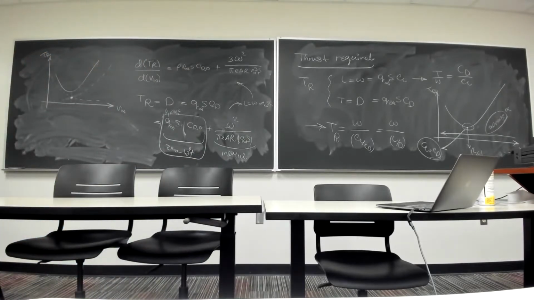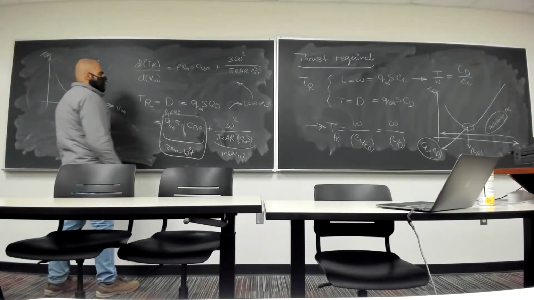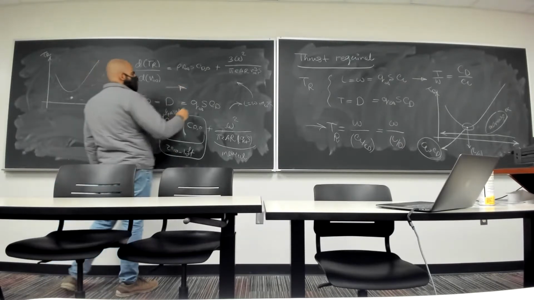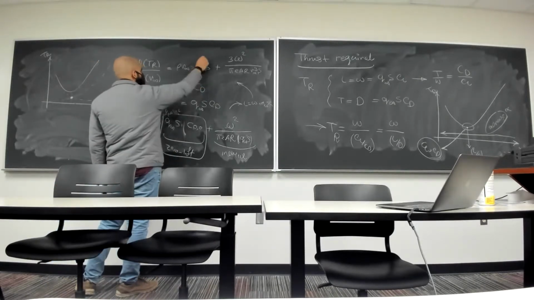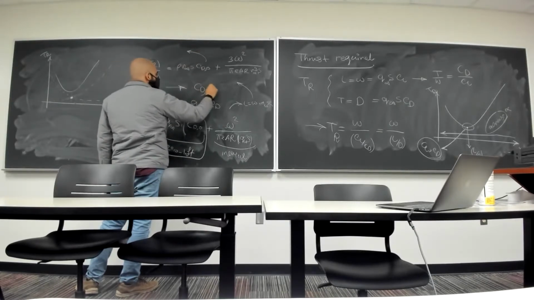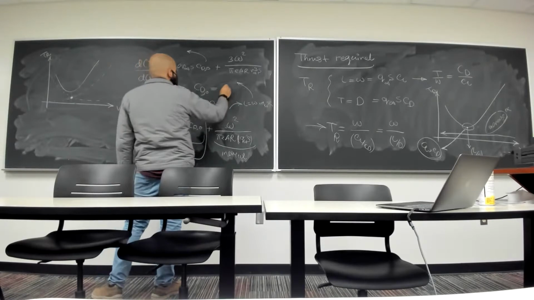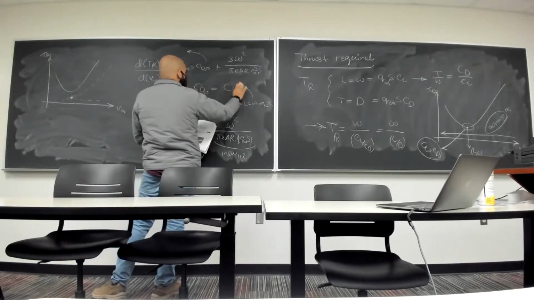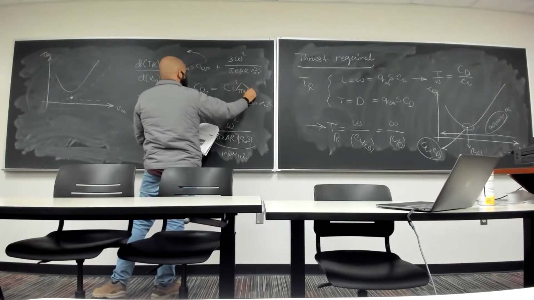Let's actually forget about the derivations. We are way behind, guys. If you do the derivation, let's actually do this as a bonus one. So derive this, the thing that I'm writing. CD naught is going to be equal to CL squared over pi E AR.